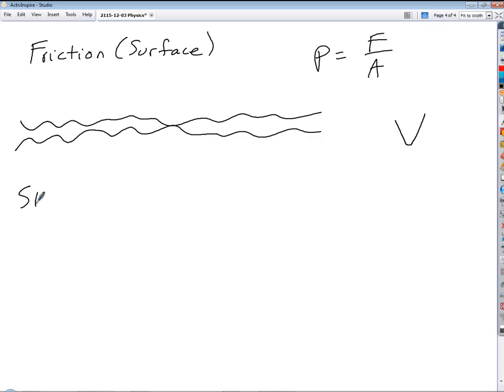For static friction, the frictional force is equal to mu sub s times normal force. Now what is that? Mu sub s. Mu is a funky looking Greek letter, and it's called the coefficient of friction. So in this equation, it's the coefficient of static friction.